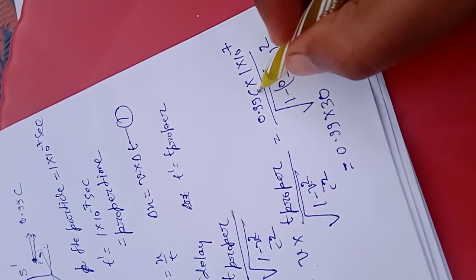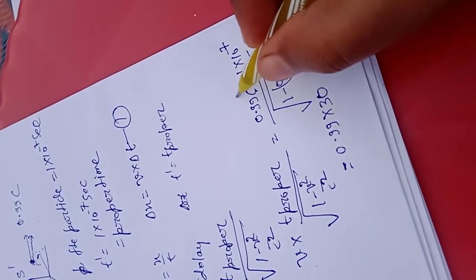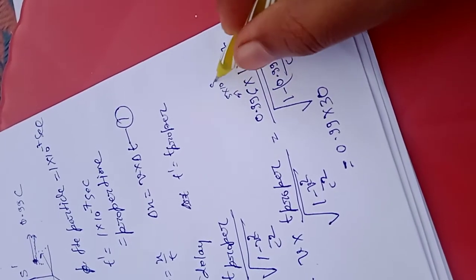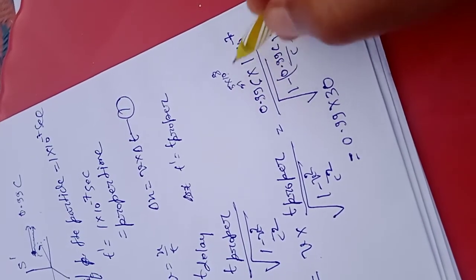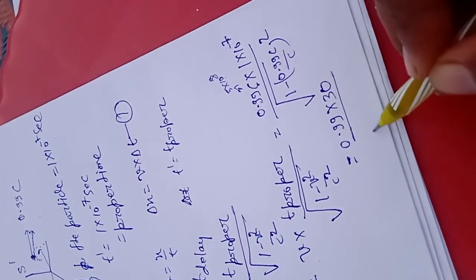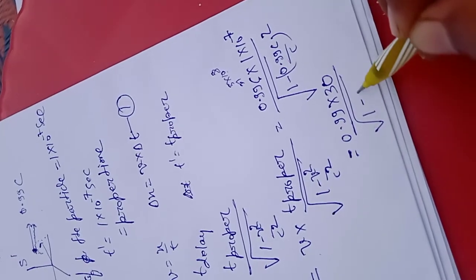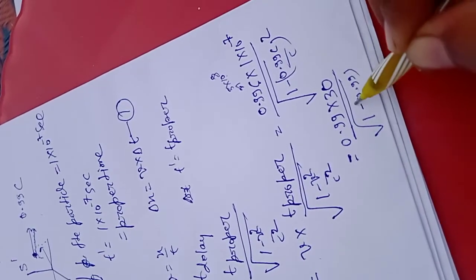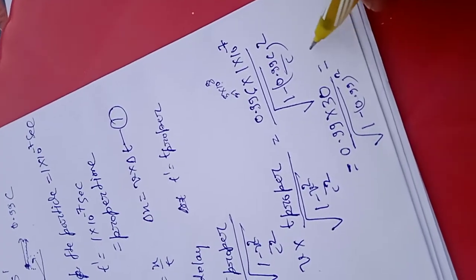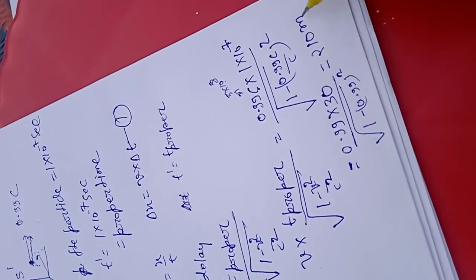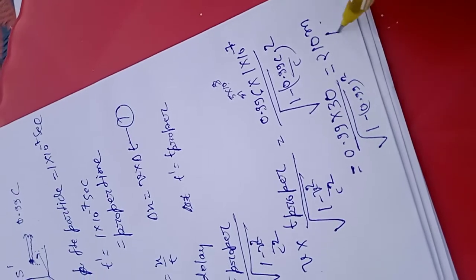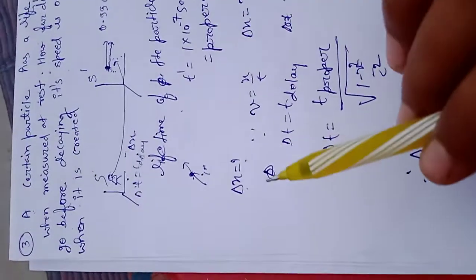The value of c is 3 into 10 to the power 8, so we have 0.99 into 3 into 10 to the power 8 into 10 to the power minus 7, which gives 30. Upon under root 1 minus 0.99 square. After solving this, we have the answer 210 meters. This is the answer for this question.